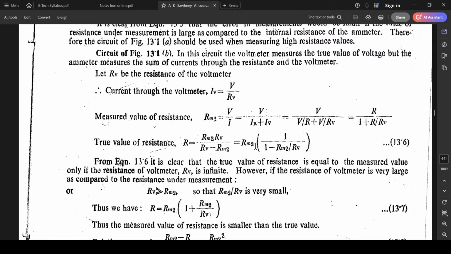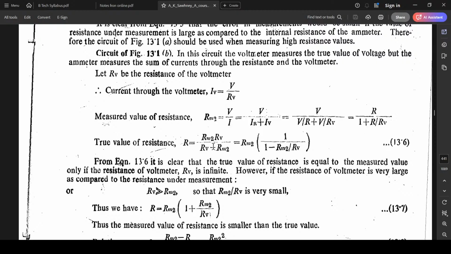how, from here? So R measured is equals to what we got, 1 upon what we got upon the voltmeter. So if you multiply as whole here, it will be RM. How did it? RV plus R upon RV.